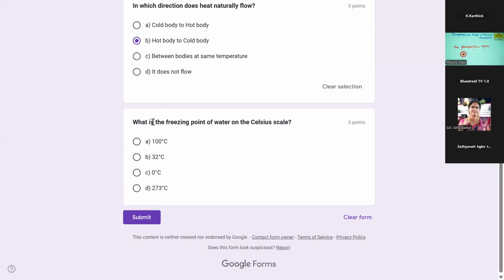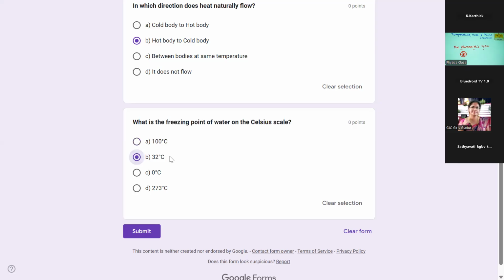And the final one, already very easy. What is the freezing point of water on the Celsius scale? You already know about the three types of scale: Kelvin scale, Fahrenheit scale, Celsius scale. 100 degrees Celsius, 32 degrees Celsius, 0 degrees Celsius, or 273 degrees Celsius?